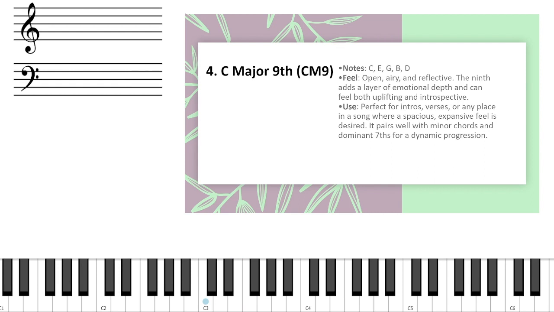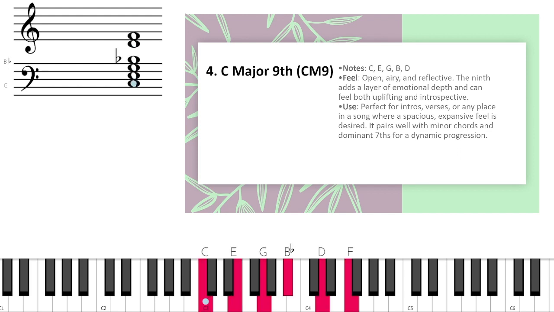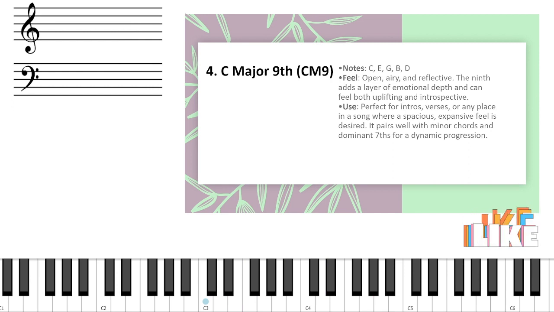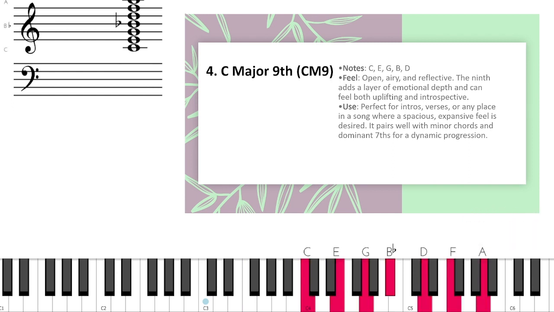So let's start from here, major 7th, but we also have C 7th, and then you add the D and it becomes C9, and then you add the F and it becomes C11, and then you add the A and it becomes C13th. Let's take it up an octave. That's how you get these names.